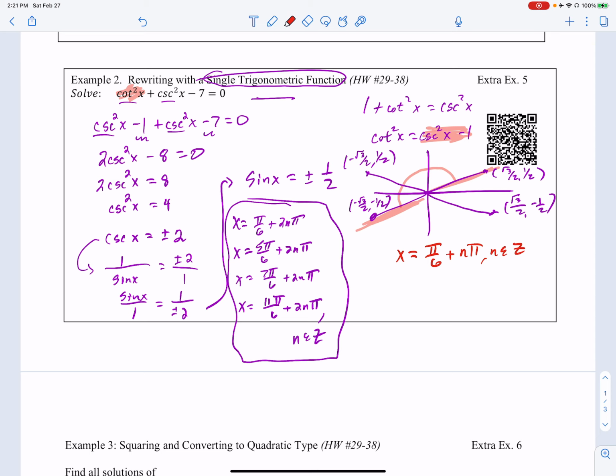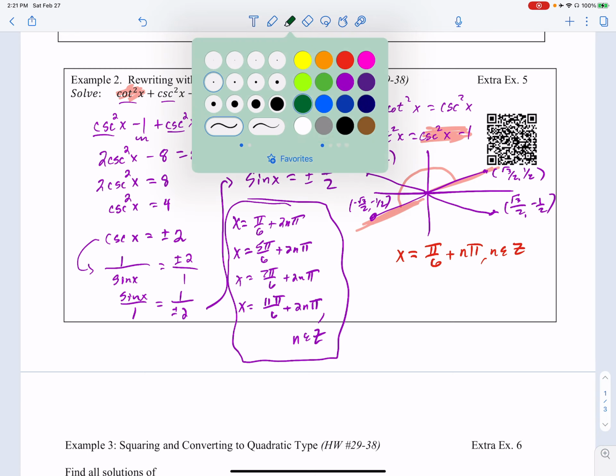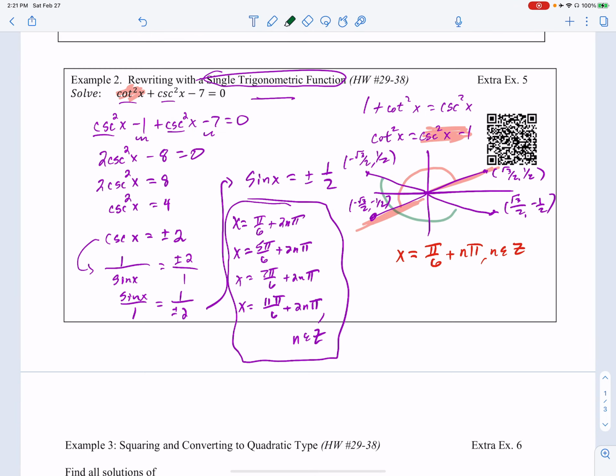And then in the same fashion, between quadrant 2 and quadrant 4, there's a half turn. So for that, I could use 5 pi/6 plus n pi, where n is an element of the integers. And that's going to be a more concise way of writing the answers.